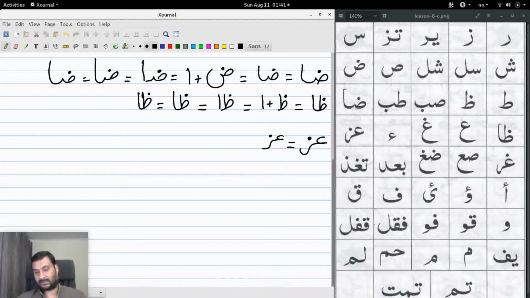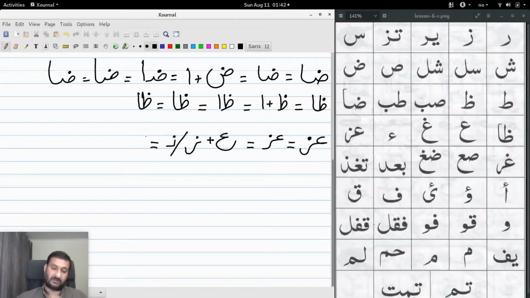So this construct, as you see, looks like Hamza, but it is connected to another letter, so it is not Hamza, it is Ain. So this is actually a combination of Ain plus za, or this za, whatever you want to use.